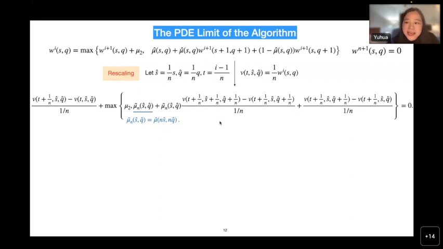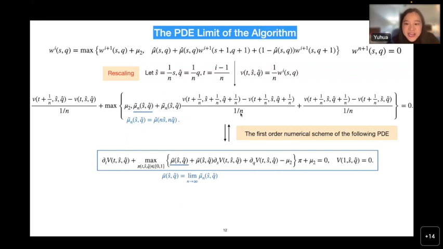But if you look at this equation, you will see this is actually the first order numerical scheme of the following PDE. The first term is basically a partial derivative with respect to time, this term is a partial derivative with respect to S, and this is a partial derivative with respect to Q. That's why we get this continuous form for the PDE.